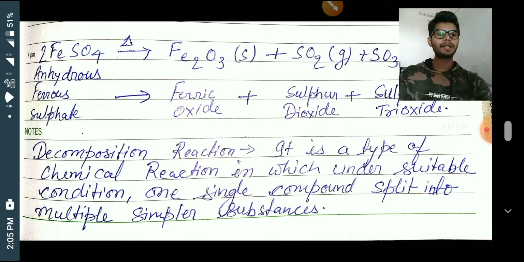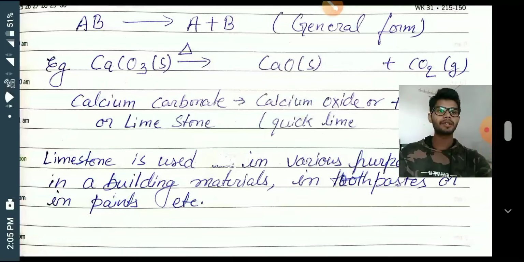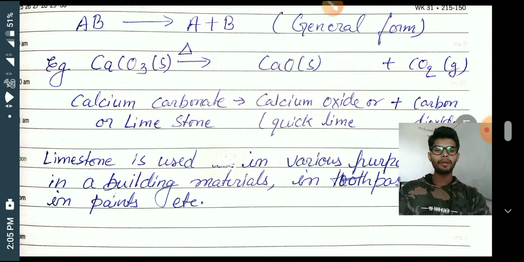So let's have a generalized concept of this. If we want to write a general equation for a decomposition reaction, we can say that if some substance AB is there, and we provide heat or whatever energy, it will break down into A and B as a general form. We can have some examples as well.